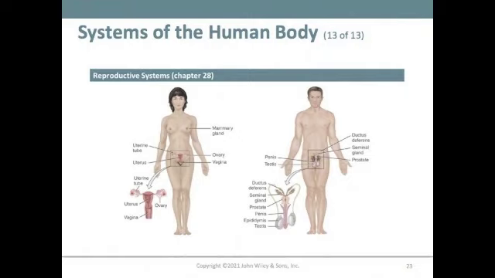And then the other thing I thought was interesting, you can see it there on the screen, is that it's divided into male and female. So there's two different sexes and we both have different parts of our anatomy that allow us to be sexually reproducing organisms. What that means is that it takes a man and a woman to create an offspring. And that's partially due to the fact that reproductive organs of the male and female are opposites.